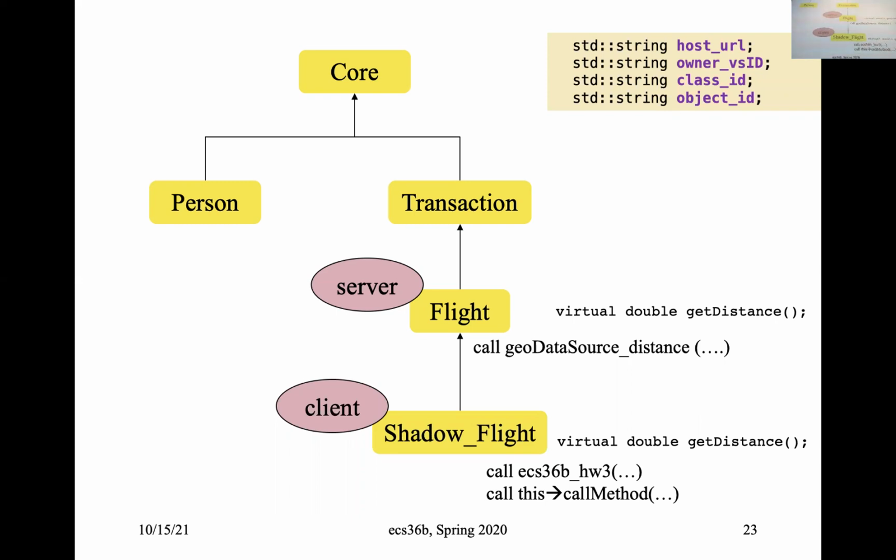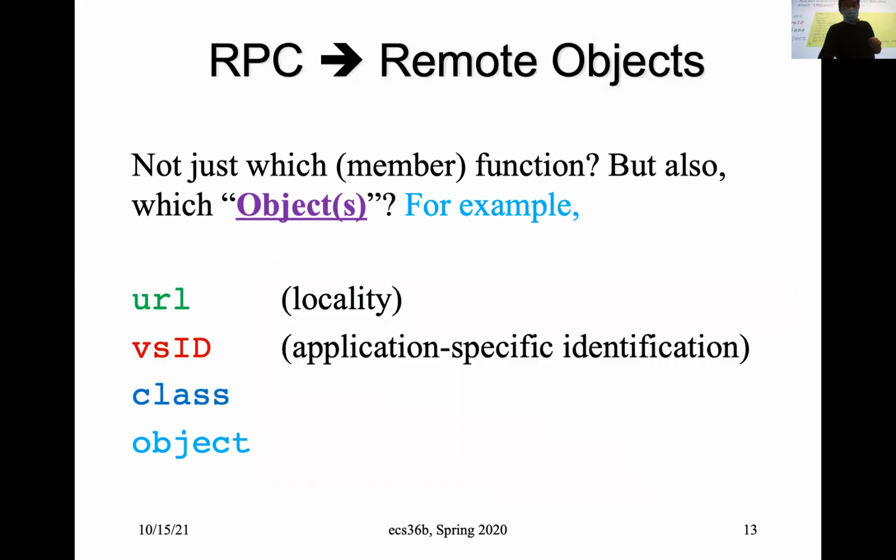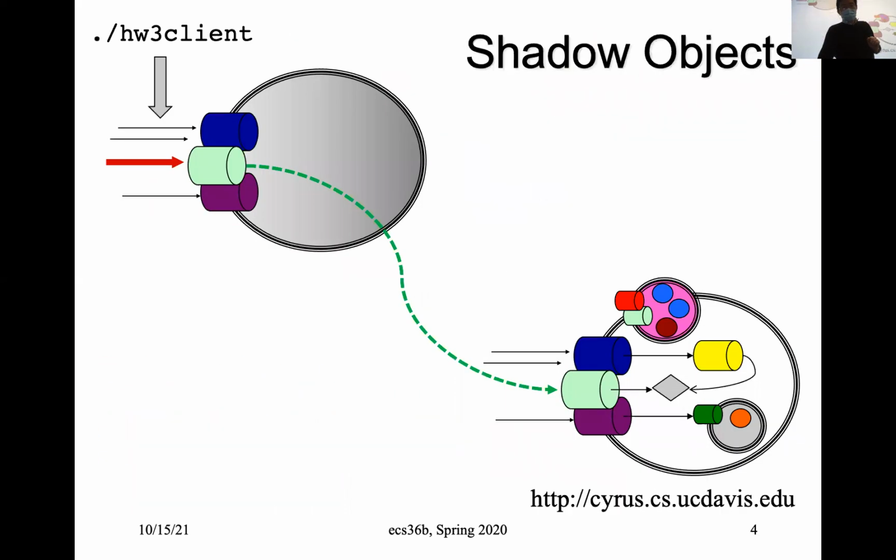Now I'm going to play the magic for the shadow object, which is why I'm doing this. Let's go back to this picture. This one is my fly object.